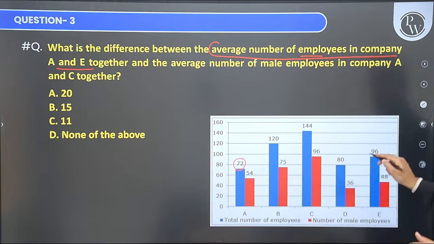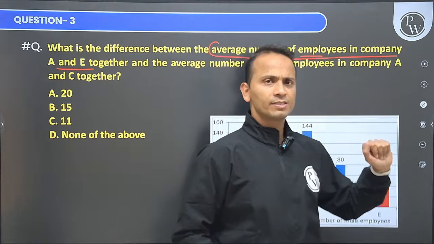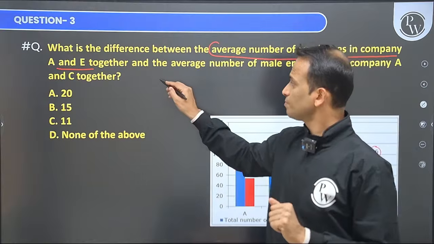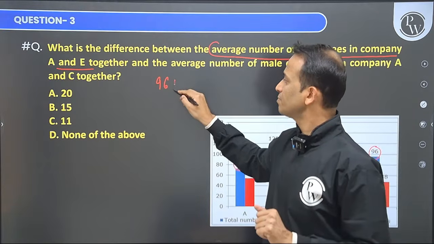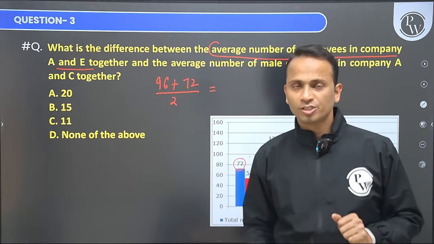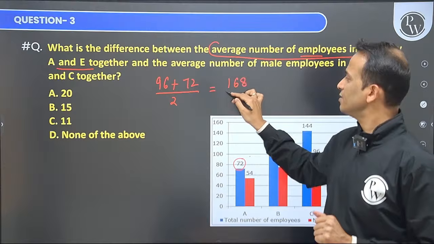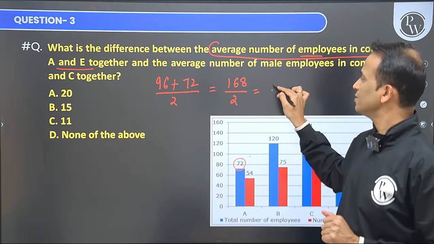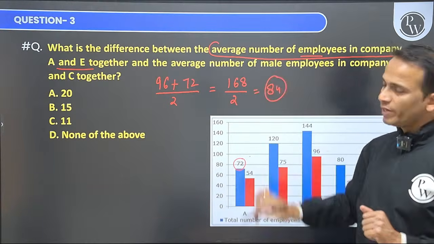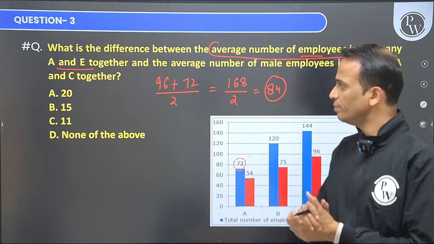Company A and company E. We'll have to find out the average of these two numbers, 72 and 96, right? So 96 plus 72 divided by 2 will be the average. Okay, so 168 divided by 2, that is 84. So 84, yes, it's the first number. Perfect, no problem at all.